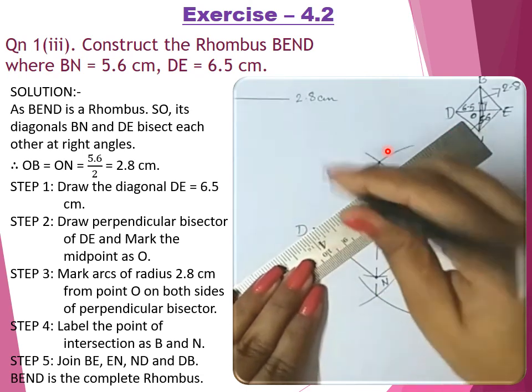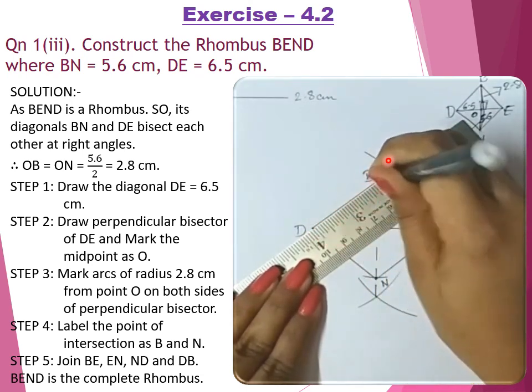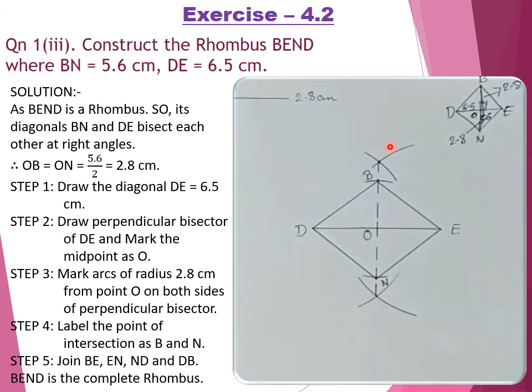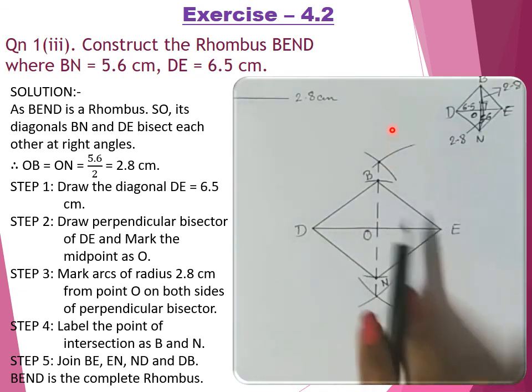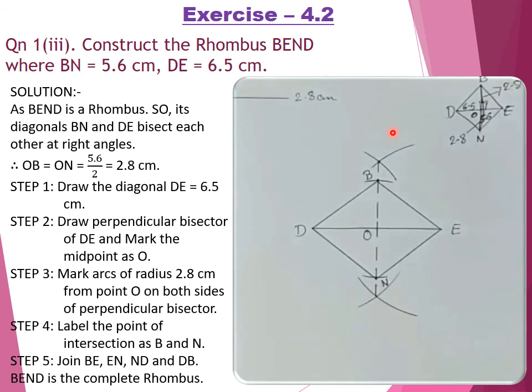So we can clearly see that we have now constructed a rhombus BEND where all 4 sides are equal and the lengths of the diagonals are given according to the question.